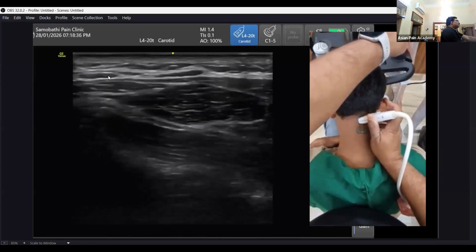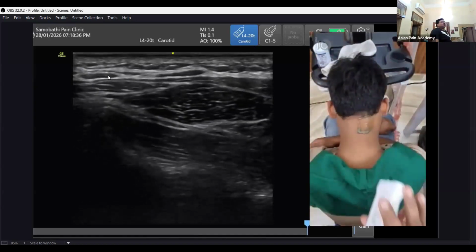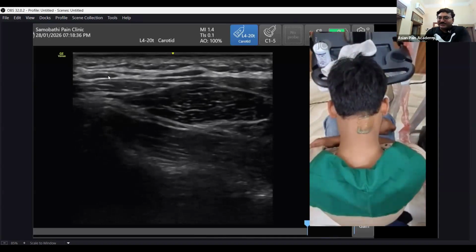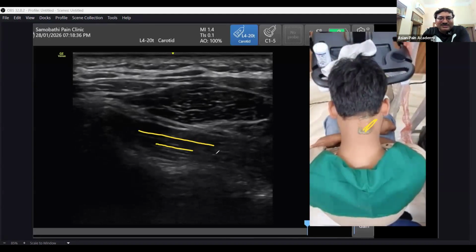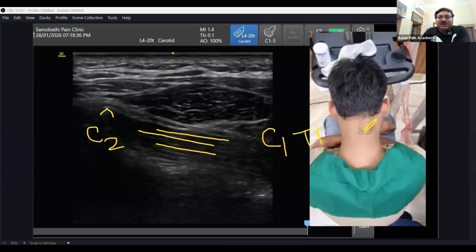At this point, we can see these fibers. They are going in long axis with the probe. My probe is held from C2 to C1, and we can see this is the muscle. This is the obliquus capitis inferior. This is the spinous process of C2, and this is the transverse process of C1.